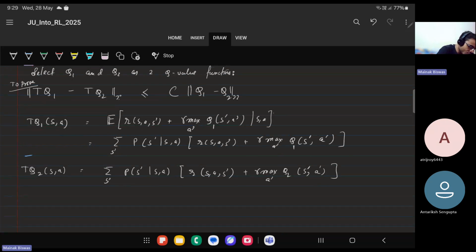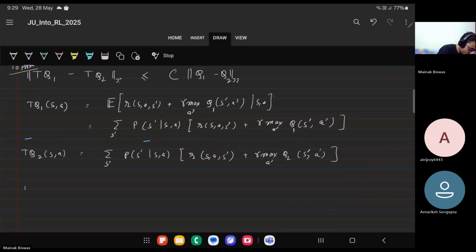Now I subtract them. What do I get? T Q1 of S comma A minus T Q2 of S comma A. What will I get?